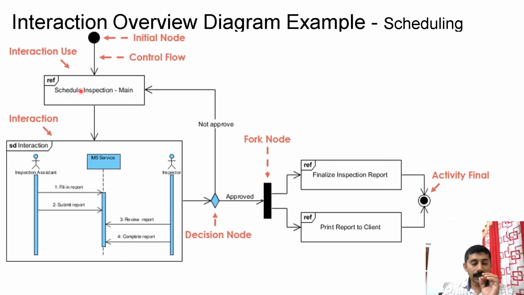Scheduled inspection main. So this is making a reference to that diagram, and here you can see one particular interaction within this fragment. So this is a combination of your sequence diagram and activity diagram. It can convey the overview of the interaction.